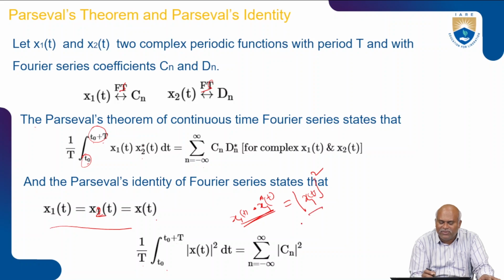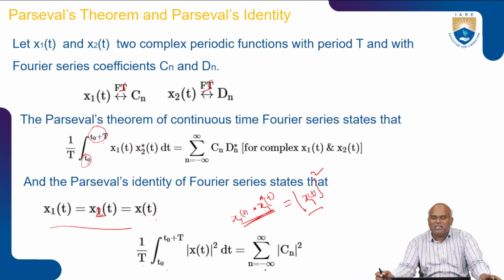So this value we can substitute into the Parseval theorem condition. So 1 by T integration of t0 to t0 plus T of mod of x of t whole square dt is equal to the summation of n equal to minus infinity to plus infinity of mod of c of n whole square. This is represented as the Parseval identity.